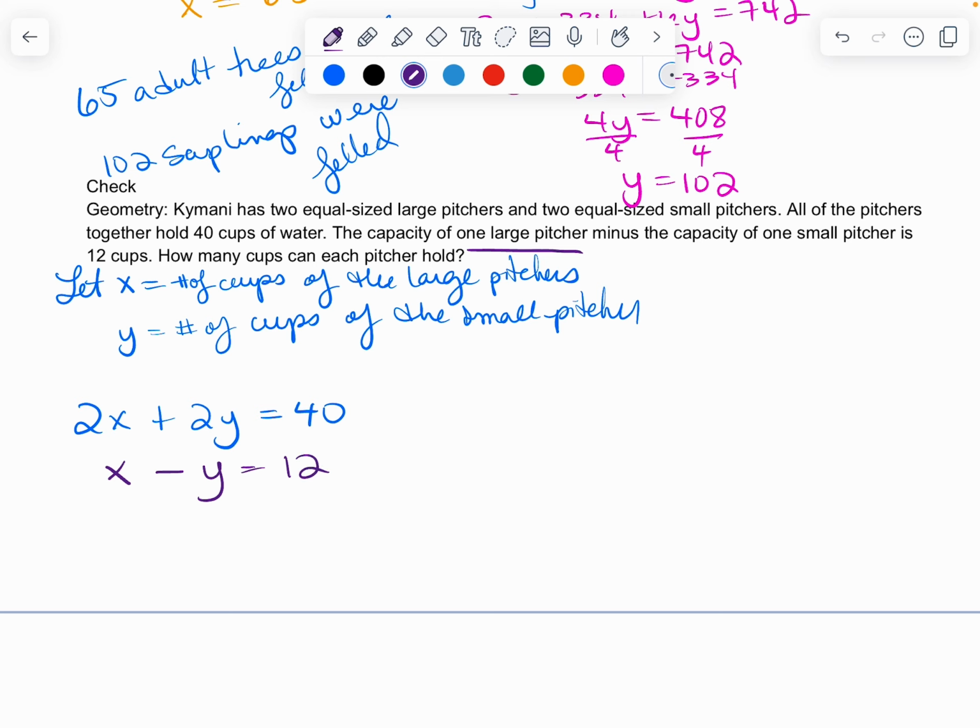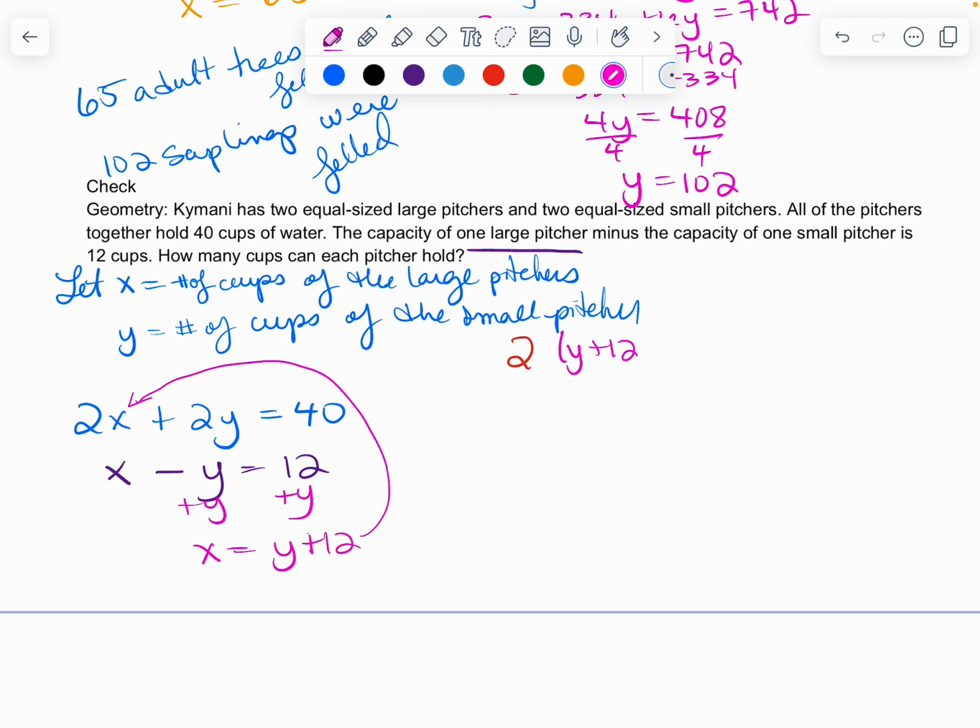Okay, so now let's solve. So I'm going to add y to both sides. I'm going to get x equals y plus 12. Now the reason I solve for x instead of y on this one is because it had the negative sign in front. Okay, so I'm going to take this, I'm going to plug it in. Okay, so here we go. 2 times the quantity, y plus 12.